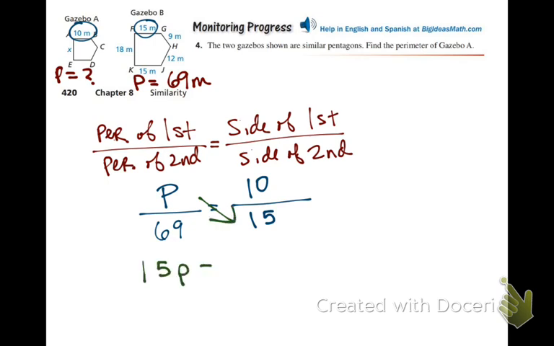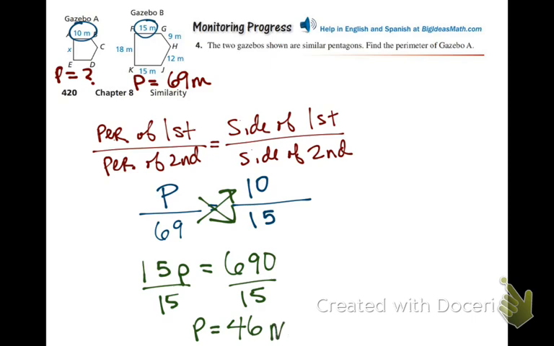So you'll have 15p equals 690. Divide by 15. What does P equal? 46, and it is meters. That's all you do. So you set up a proportion with the two perimeters and with two sides, and then that's it.